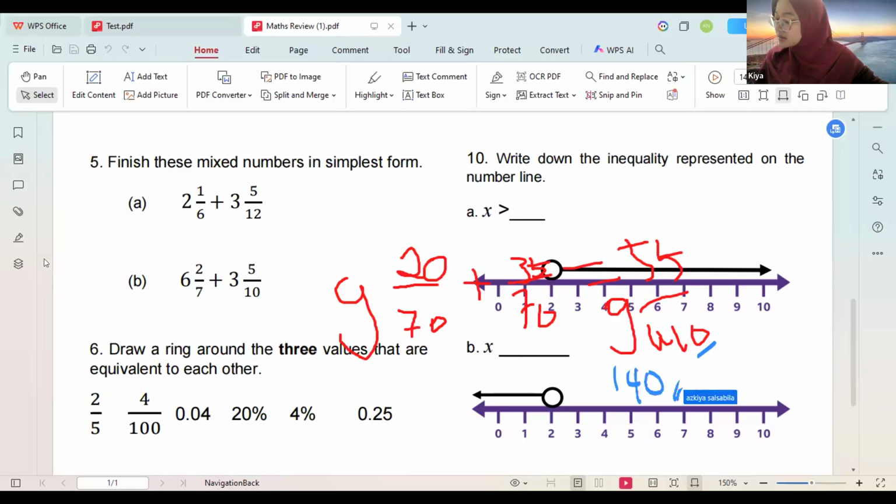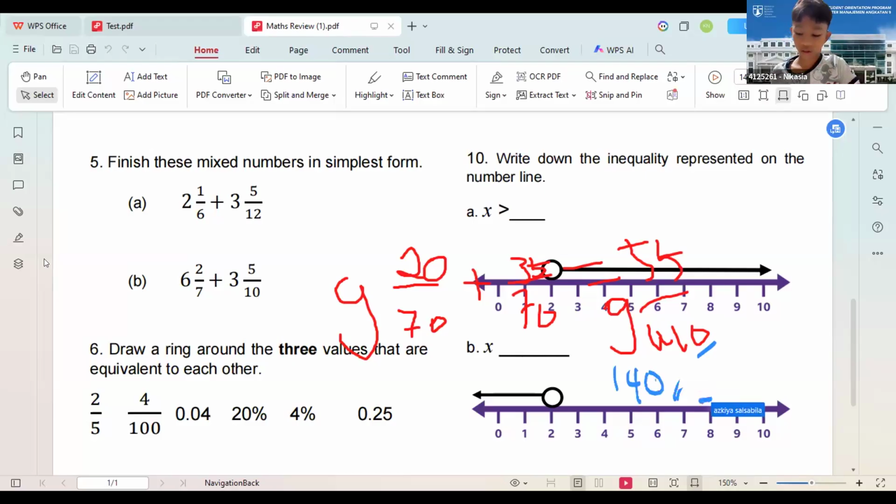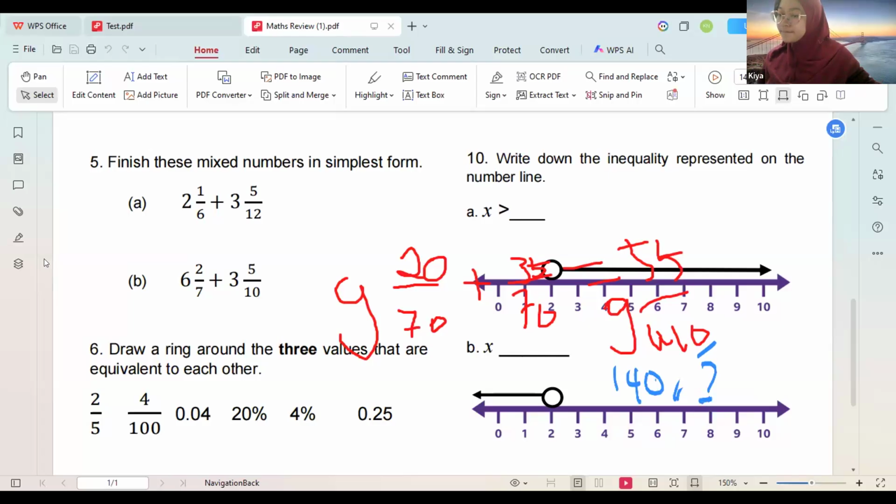Is it right? Why 140, J? Because 70 plus 70 is 140.